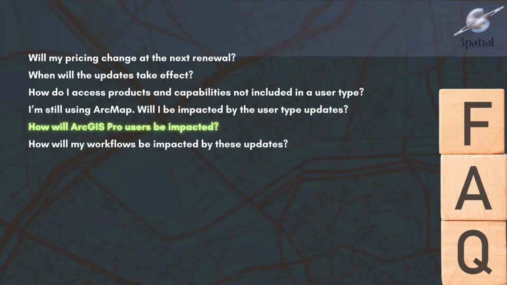Okay, thank you, Matthew. So how will ArcGIS Pro users be impacted by this? If you are licensing ArcGIS Pro through one of the GIS professional user types, you will receive ArcGIS Pro automatically with the June 2024 release of ArcGIS Online or upon upgrading to ArcGIS Enterprise 11.4.